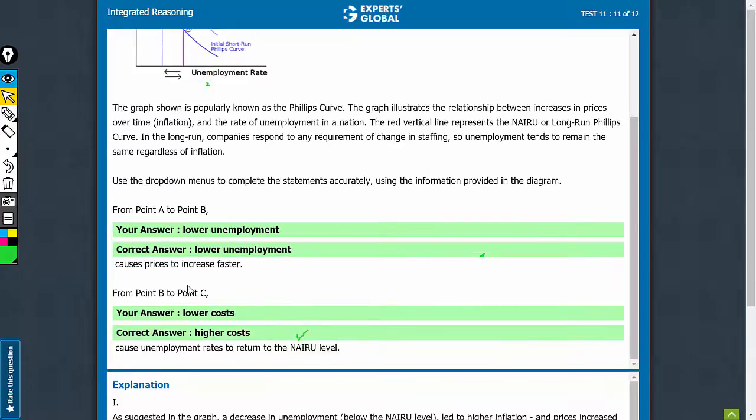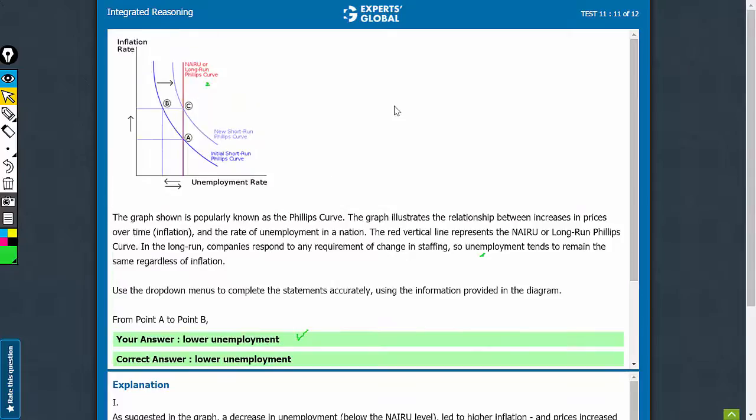From point B to point C, what causes unemployment rates to return to the NAIRU level? Point B to point C, from here to here. So see what's happening. From point A to point B, the inflation has increased and the unemployment has decreased.